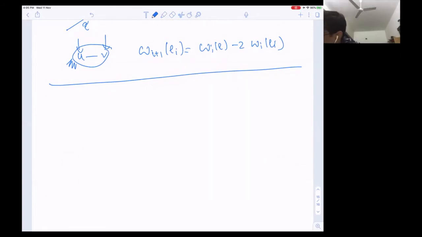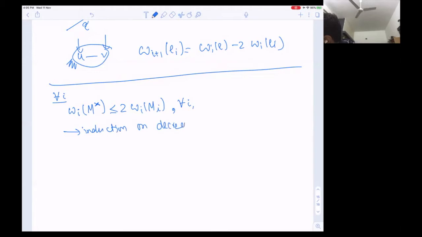This is what I'm going to show you: for all I, weight I of M star is less than or equal to 2 times weight I of Mi for all I, and I'm going to use induction on decreasing I.